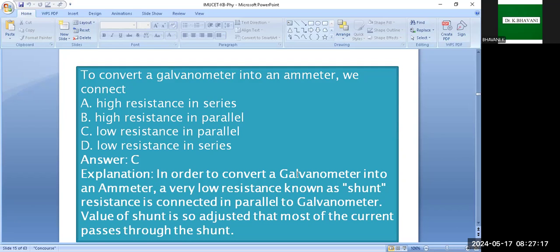Why? Because the low resistance, which is also known as the shunt resistance, is connected in parallel to the galvanometer, and the value of the shunt is adjusted so that most of the current passes through the shunt. That is how we can convert a galvanometer into an ammeter.